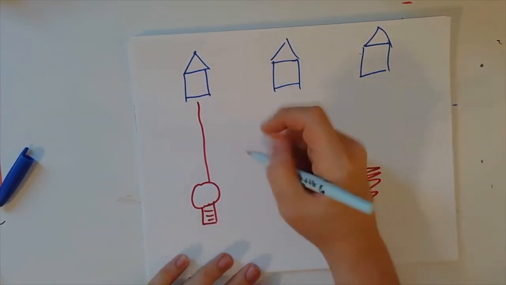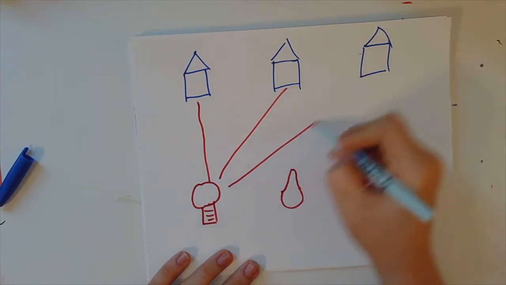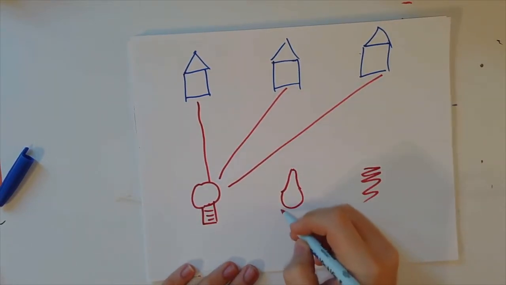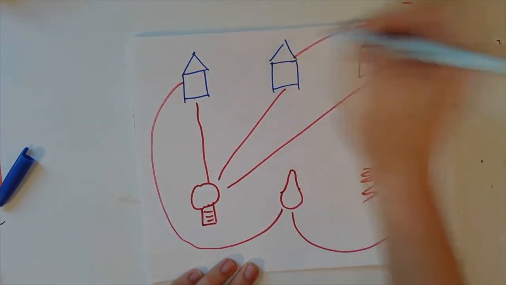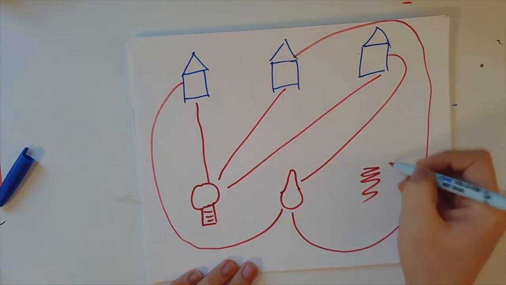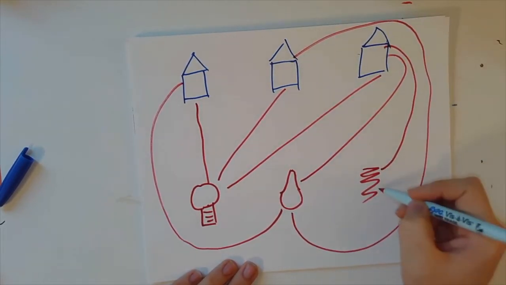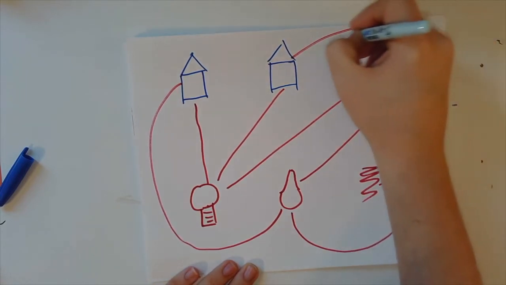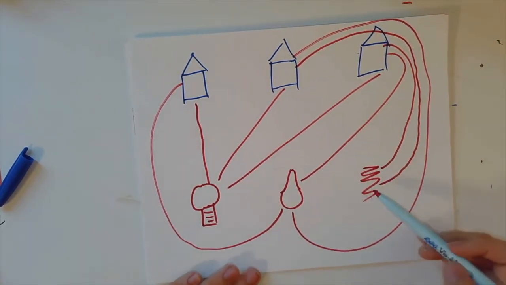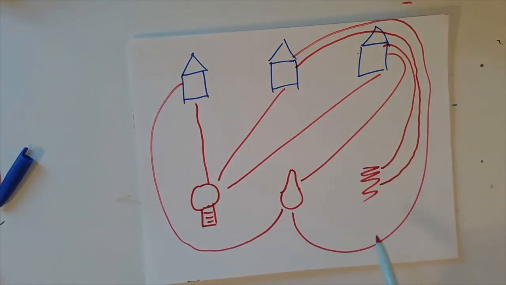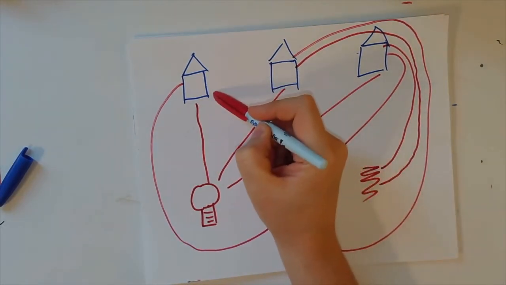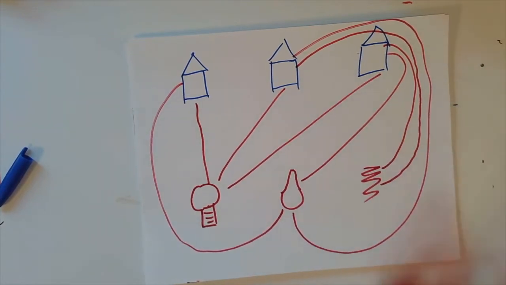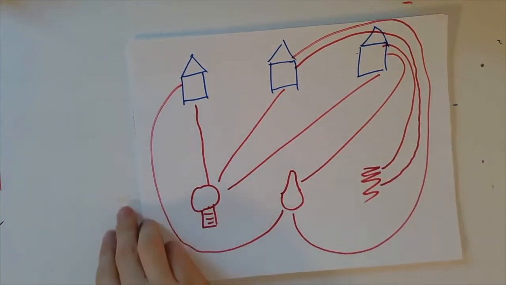So you might start, for example, saying, okay, I'm going to connect the power to everyone first, and then I'm going to connect the water over there, and up there, and over there, and then I'll connect the sewage connection there, and then the sewage connection there, and then maybe I realize that, oops, I have prevented myself from finding a way to connect the sewage to this last house.